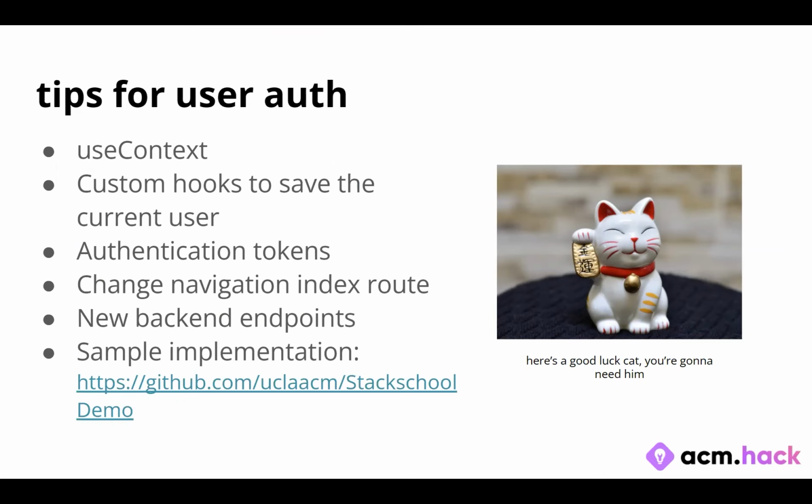You have authentication tokens, and then remember how I said the index page, right? It makes sense to now not show immediately the feed page, but to show the login page. And you'll need to create some new backend endpoints that help with logins or sign up or logouts. And then a simple implementation of what we did is in our GitHub. It's UCLA ACM/StackSchool demo. And good luck, because you're definitely going to need it for user auth.